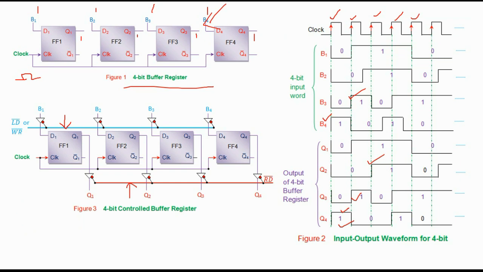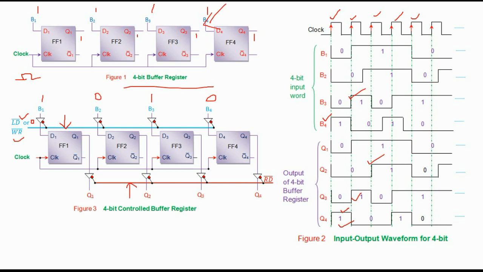So whatever this LD bar or W bar, if you set it to 0, then the data is loaded. Whatever data you have given here, say for example 1 0 1 0, is loaded into the flip-flop. That's what I am talking about. LD bar equal to 0.